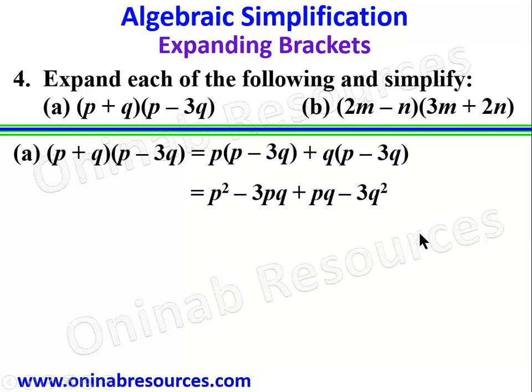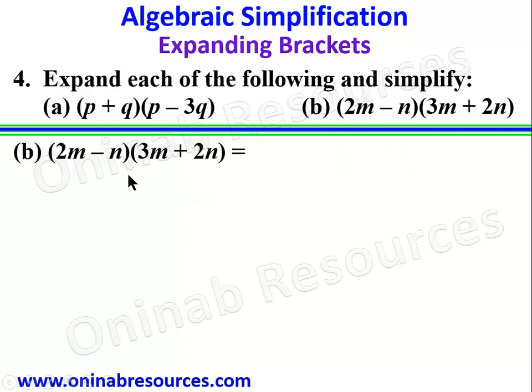So the terms with pq, since this term is p squared and this term is q squared, we cannot bring them together. It is only the terms with pq that are like terms. So simplifying, we have p squared here. Negative 3pq plus pq gives negative 2pq, then minus 3q squared. And that is the end of the simplification of problem 4a.